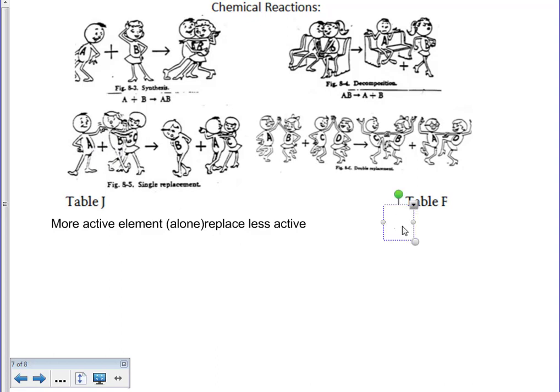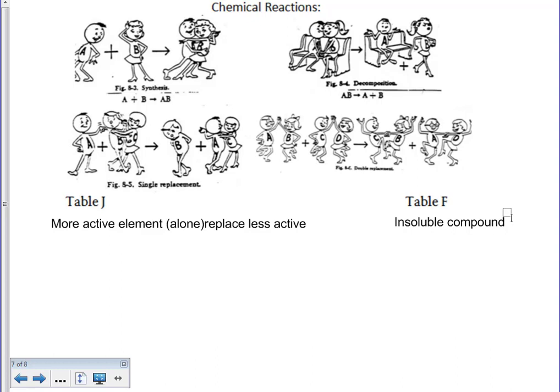When you look at table F, we use table F for telling us if we have an insoluble compound. Number one, an insoluble compound must be present in order for there to actually be a reaction.